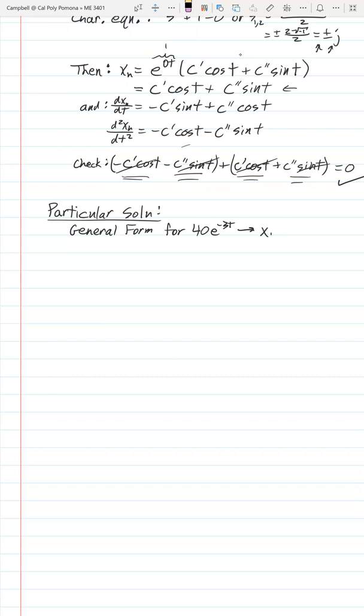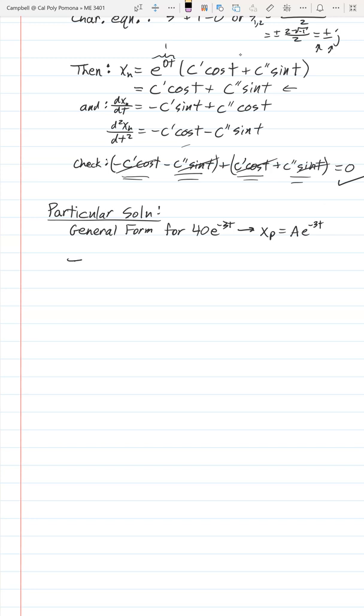So here we assume that xp is equal to a times e to the, now remember, that argument has to remain exactly the same, as we already discussed, right? So there we go. We just have some unknown coefficient multiplying exactly the same exponential function.